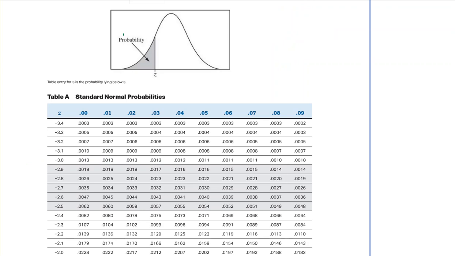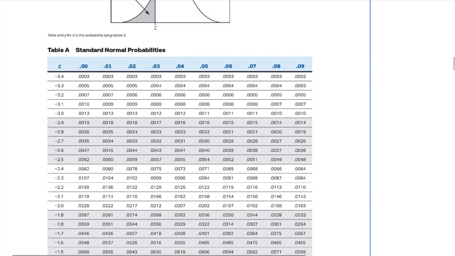So what I would do is go to a table, such as this one here in the provided AP formula sheet, and look for an area in my table to the left of a z value of 0.025. I'm going to notice that this area corresponds roughly to the z-score of negative 1.96.